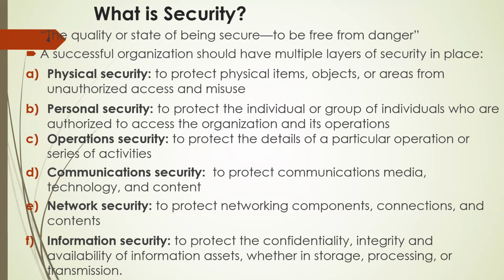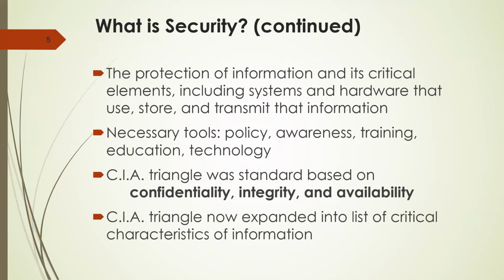And so we'll mainly focus on F, which is information security, and that is what we want to look at on our key core components. Here, remember, we've said the core components are protecting our resources in terms of their confidentiality, integrity, and availability.